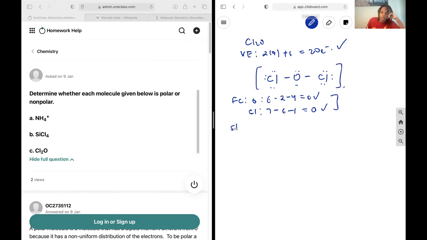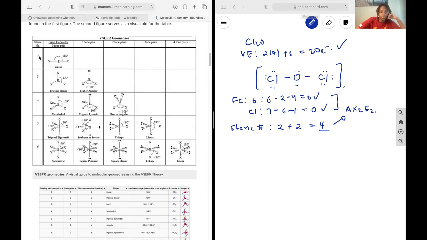Let's go about the steric number. It is going to be the number of bonding pairs on our central atom, so 2 bonding pairs plus 2 lone pairs on our central atom, and that is going to give us the number 4. To notate how many bonding pairs and how many lone pairs, that would be AX2E2.